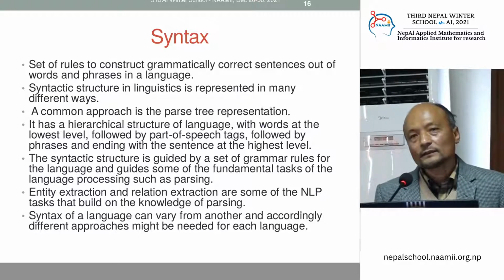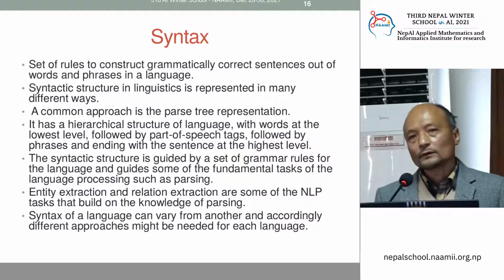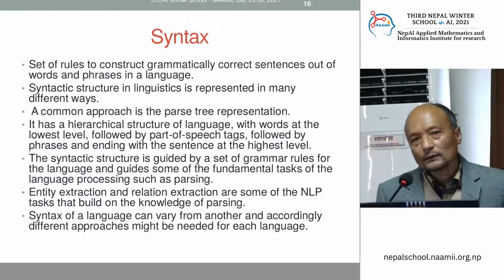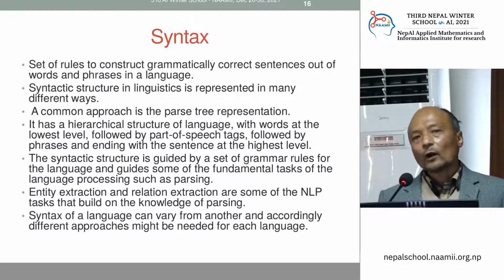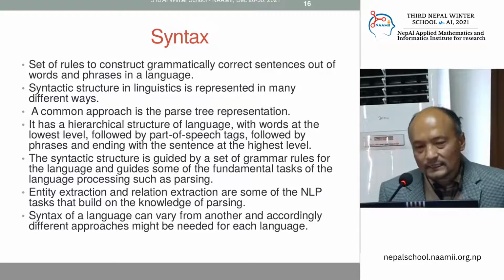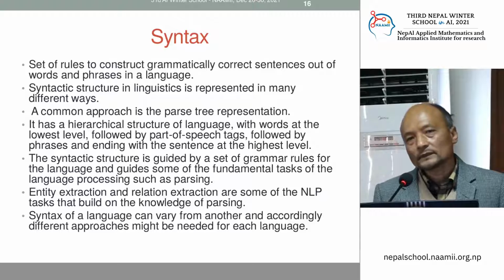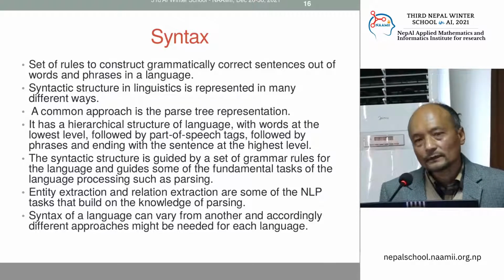Nepali, Sanskrit, and other related Indic languages follow this Panini grammar, right? And in that, our languages are best analyzed by this Panini framework or dependency grammar formalism. All right.